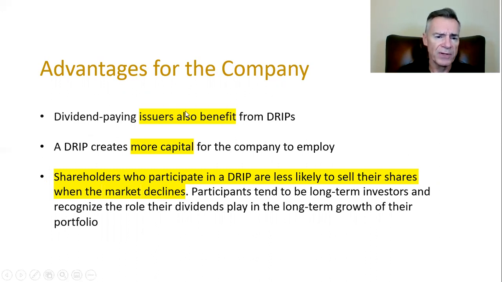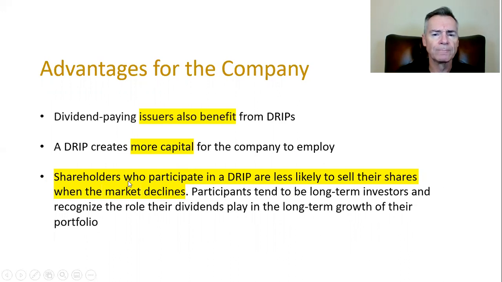The entity that issues the equity is called an issuer. And the reason why they also benefit is because a DRIP creates more capital for the company to employ, because instead of paying out cash, they're actually paying out stock, and thereby they can use that cash in order to grow their own business and grow the company.